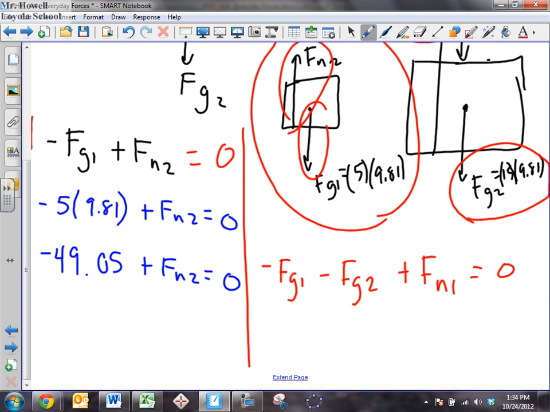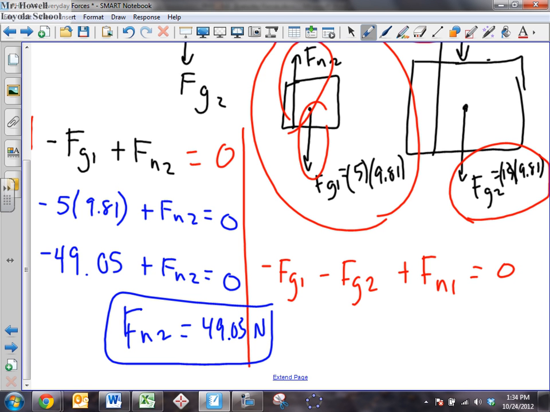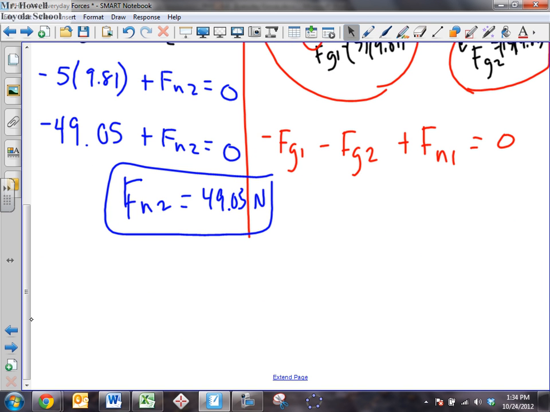It becomes positive. And that makes sense because Fn2 is acting which way, guys? Up. Now, before I take questions on that, let's get the other answer and we'll see what the difference is here. So that's the normal force acting up on the smaller block.